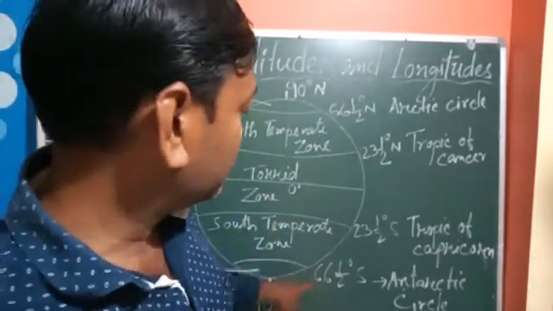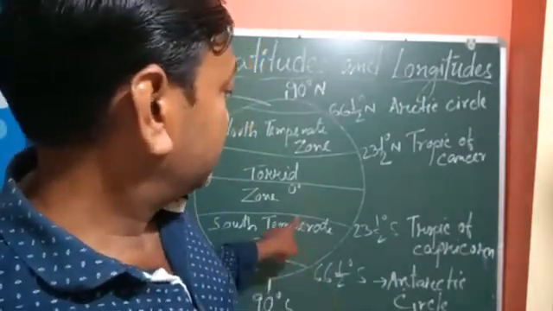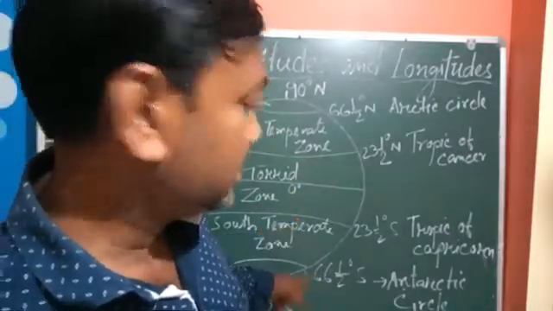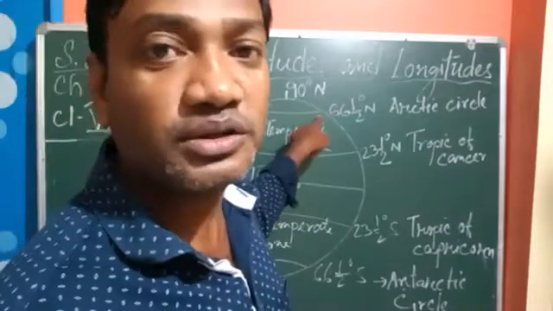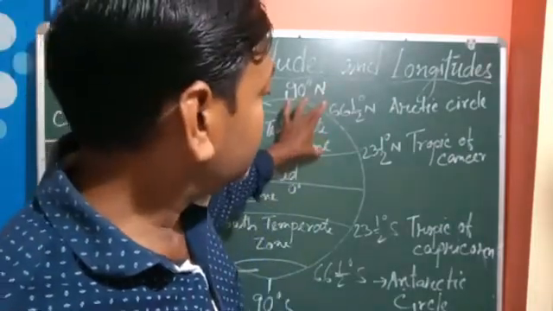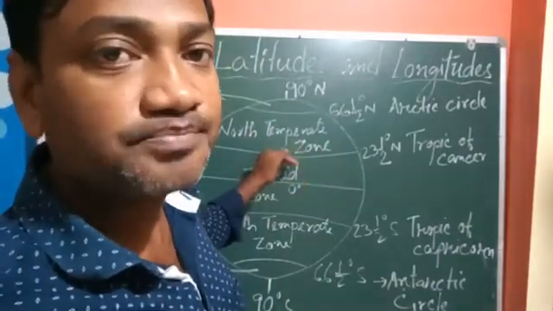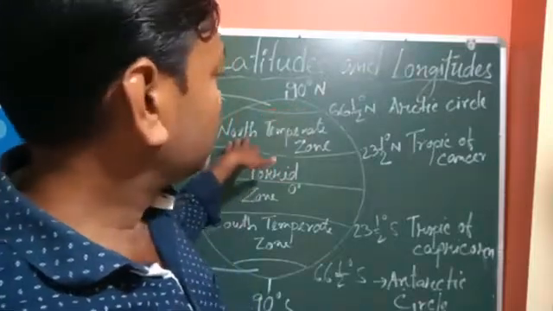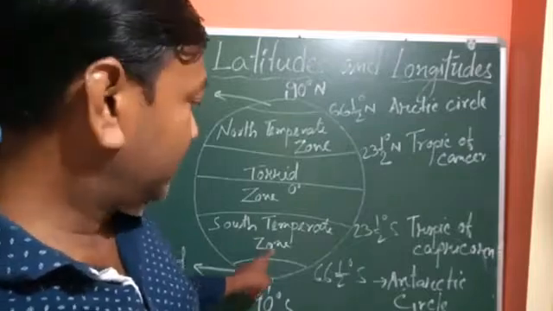Again, if we go from the torrid zone, from this line to 66.5 degrees south, and from this line to 66.5 degrees north, this place is called the north temperate zone, because as it is in the northern hemisphere, it is called the north temperate zone, and the other part is called the south temperate zone.